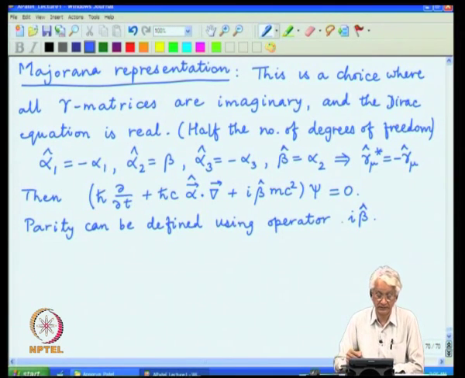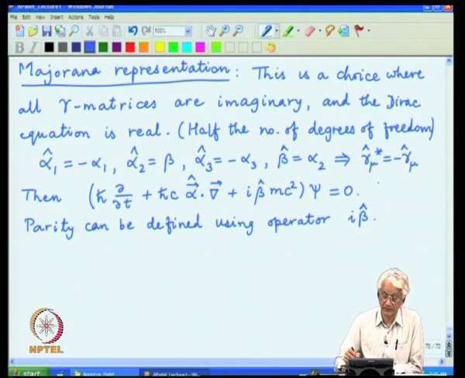There is always a complete freedom in choosing the overall factor of the matrix. If you want to make it real, choose a phase cleverly enough, or otherwise leave it arbitrary, it does not matter. But there is no problem in defining such an operator for the case of Majorana fermion.